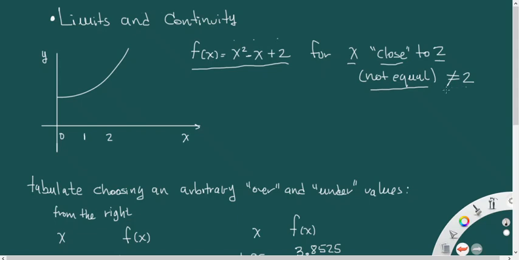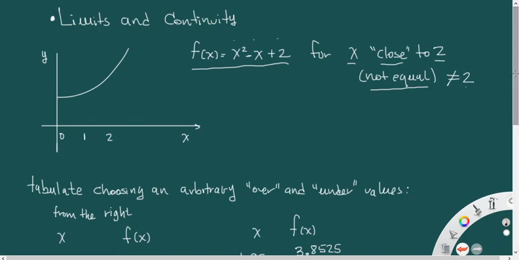Why? Because in the future we are going to see clearly why we are doing this. Okay, so for now, let's think that we need to calculate the function in values of x that are close to 2 but not equal to 2.